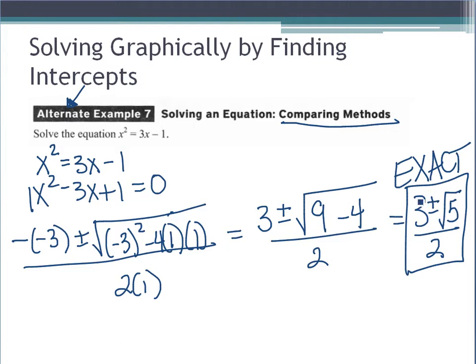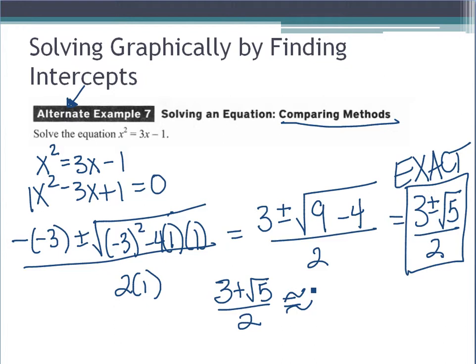But we can get decimals for this. If we were to calculate this out, we'd have to do 3 plus the square root of 5 divided by 2. And we'd probably have to round that, so we'd approximate that. So taking 3, we'd have to figure out what the square root of 5 is.